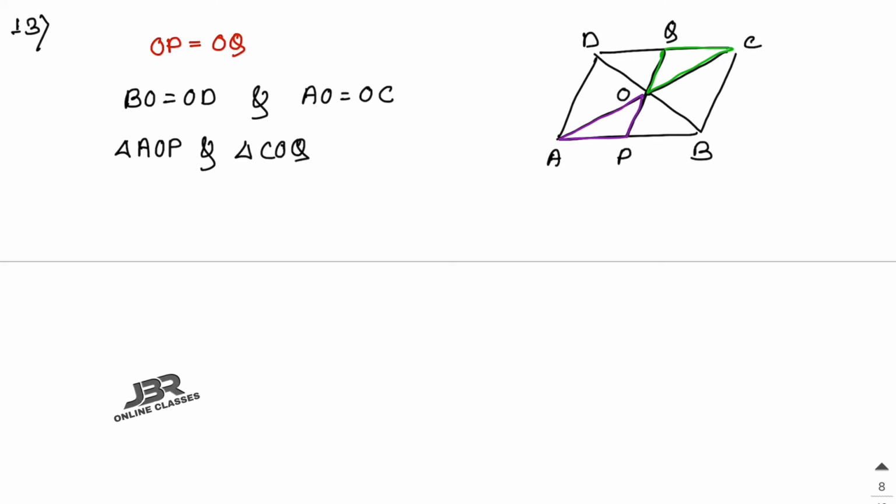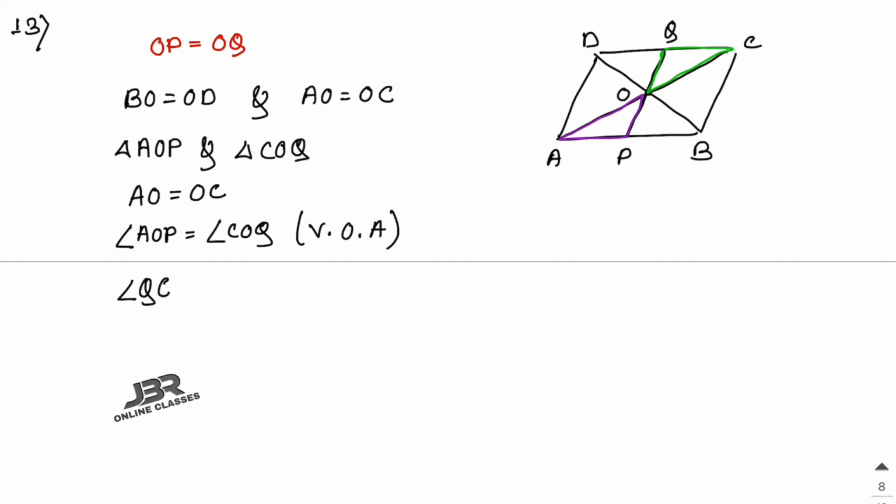First, you can write AO is equal to OC. Okay, that is the first one. Next, angle AOP is equal to angle COQ, vertically opposite angles. And the last condition, angle QCO is equal to angle OAP, because alternate angles.